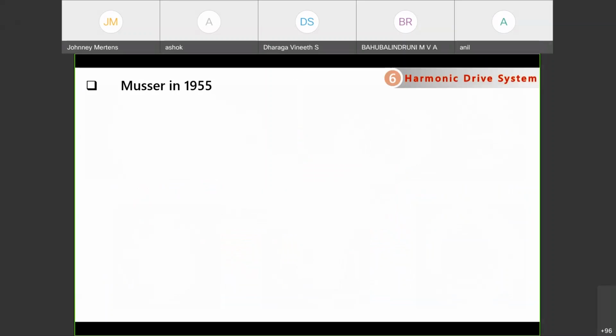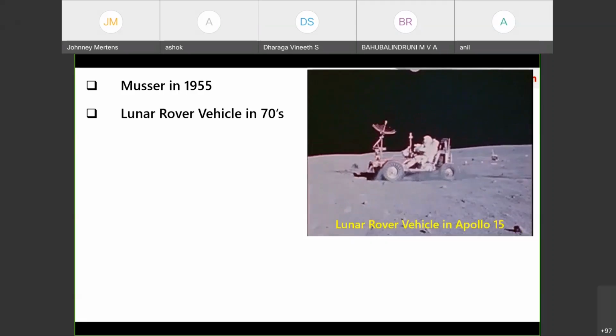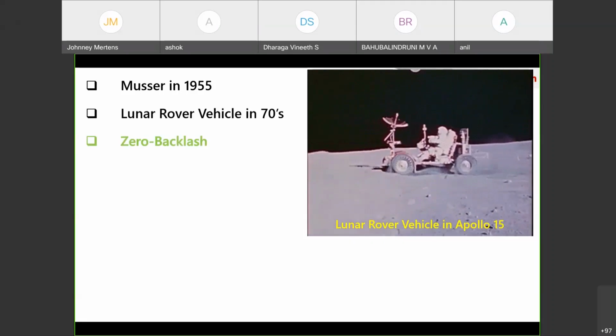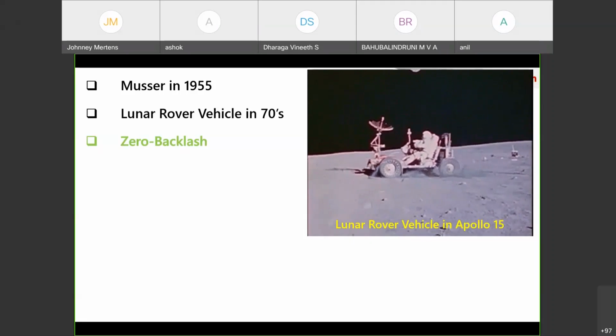Actually, this harmonic drive system was first introduced in the year 1955 by Musser. Initially it was made for the lunar rover vehicle, which was used in Apollo 15. Okay, and it has the advantage of zero backlash. But what is the main disadvantage of this harmonic drive system?